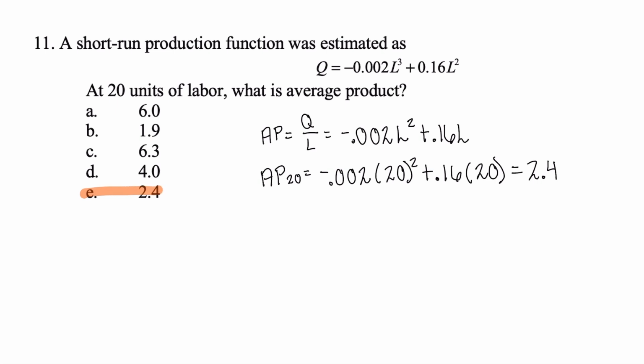And you can also substitute 20 into this original equation and then divide by 20, you'll get the same answer. So if that way makes more sense for you, that's fine.